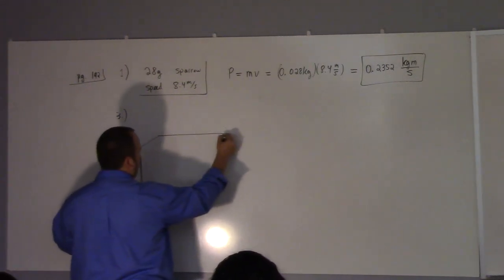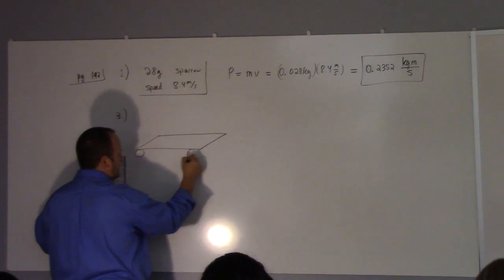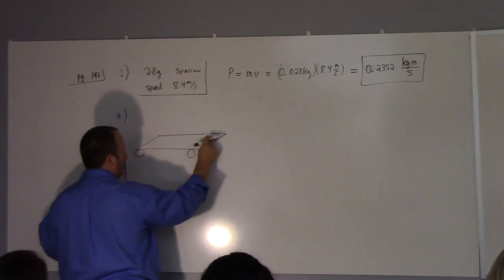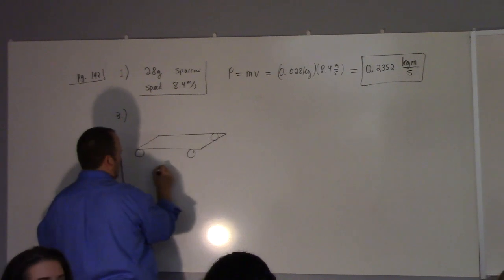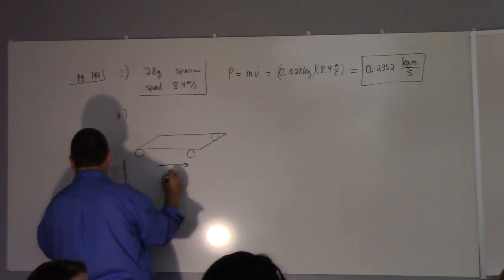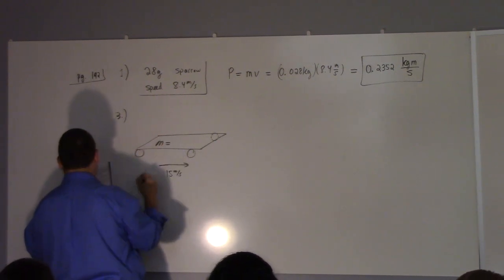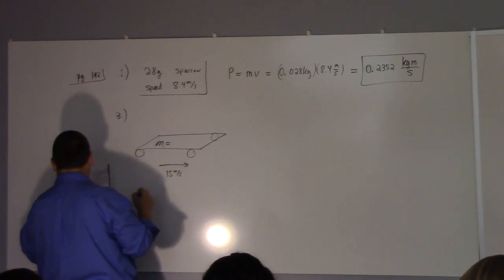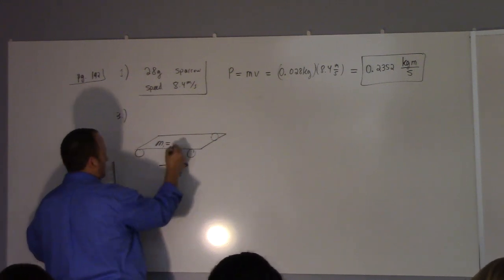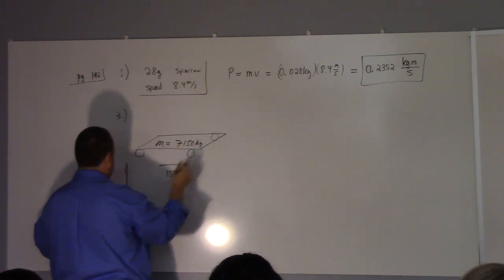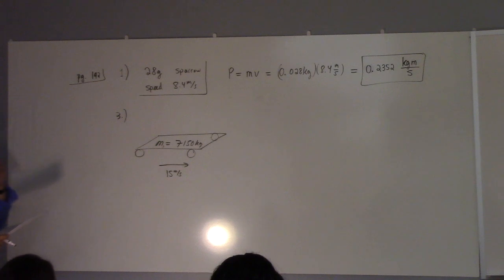So here's the initial situation: the railroad car, with mass M1 equal to 7,150 kilograms, traveling on a frictionless track at a constant 15 meters per second. Then a 3,350 kilogram load initially at rest is dropped onto the car. What will the car's new speed be?